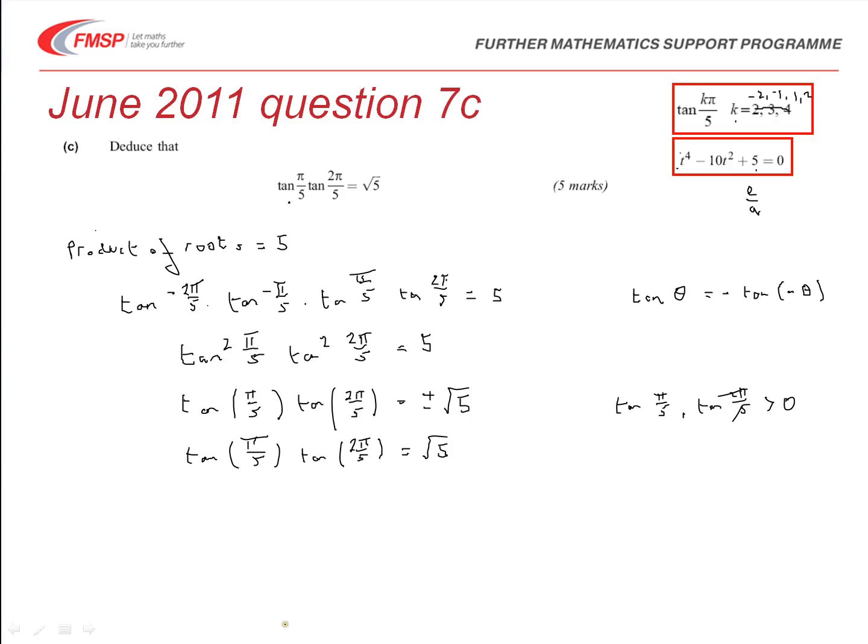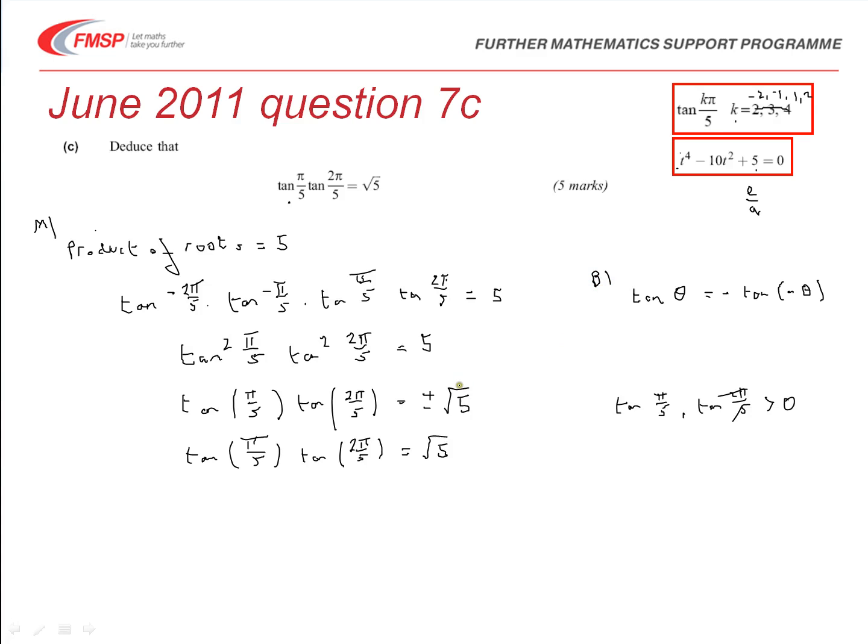There we go. Right, well, where do we get the marks? Well, for realising that the product of the roots is 5 is our starting point. For a statement related to these tangents, the fact that the tan of the angle is the negative of the other, I'll give you a mark.